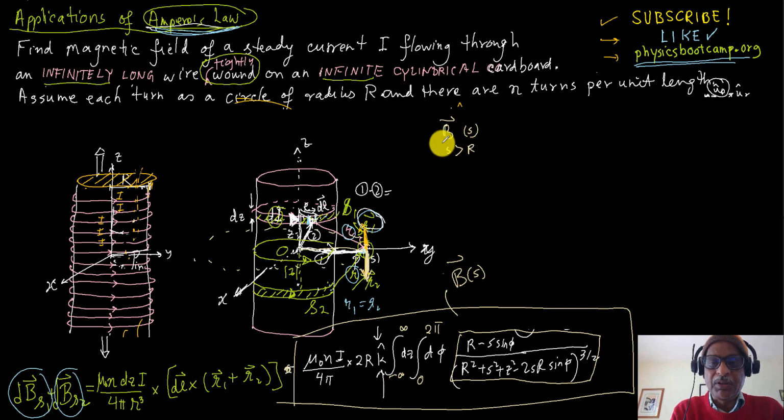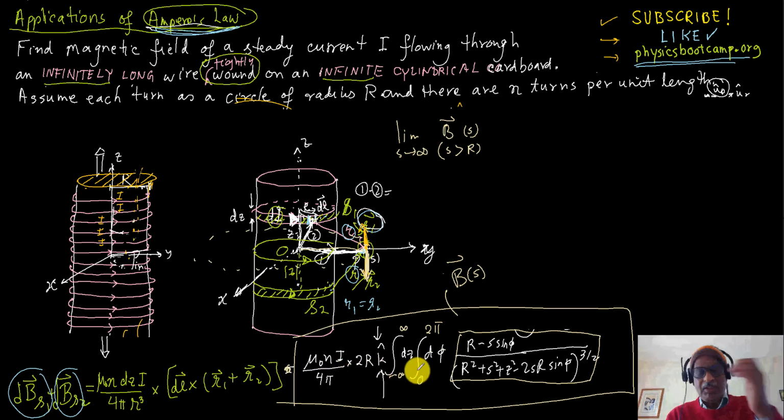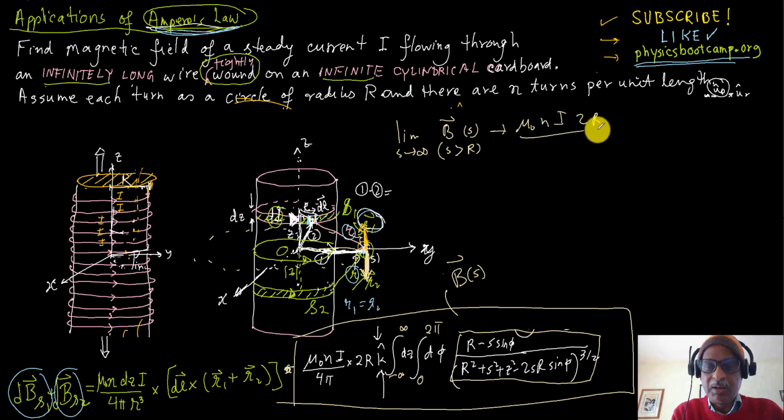is greater than the r we're looking at, and if I say limit s goes to infinity, well, sometimes you can't switch the integral with the limit, but suppose we could, then this will go to mu naught n i 2r over 4 pi k hat, and I have to do the dz integral and the dphi integral.